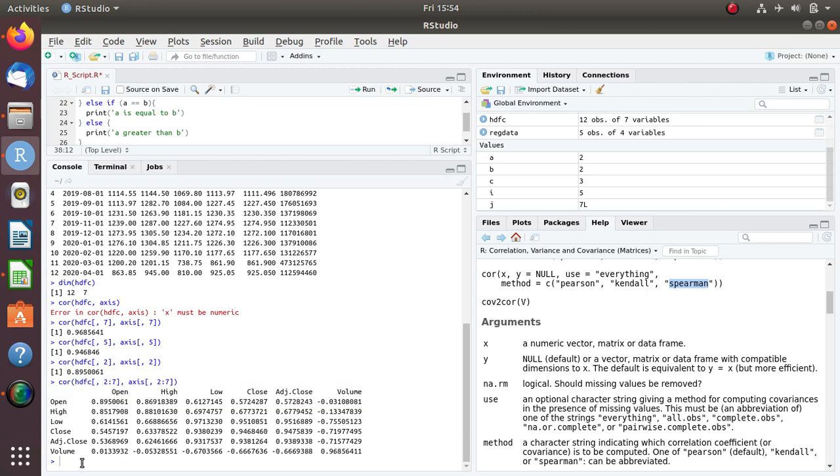Now whenever we perform the correlation, we need to perform a correlation test, the Pearson correlation test. How are we going to do that? There is a function in R called cor.test. This is actually the hypothesis test, where the null hypothesis is rho.